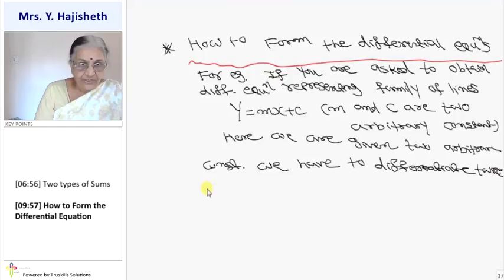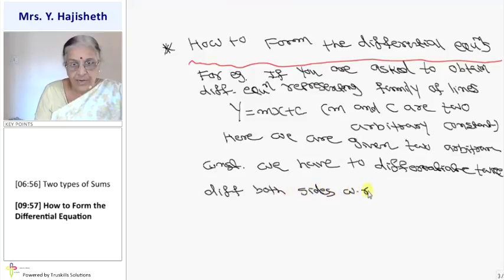First we differentiate both sides with respect to x.